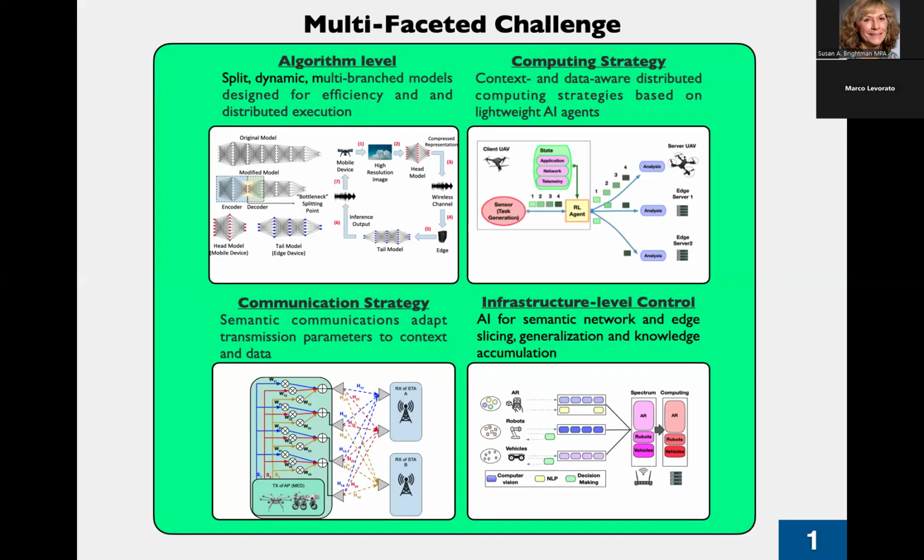And then you have a whole infrastructure level control problem. If I have a 5G system, I have communication resources, I have computing resources. One problem is how can I slice my resources, from a communication perspective and from a computing perspective, to serve different applications, different groups of devices.